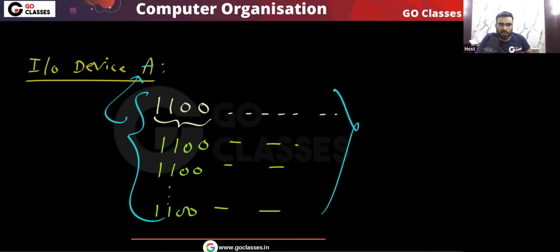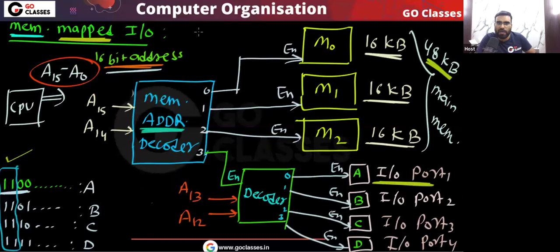Correct? Is this point clear? So remember, in the memory mapped IO, the IO device can have multiple addresses. You can easily notice this from this diagram. I hope all these points are clear.